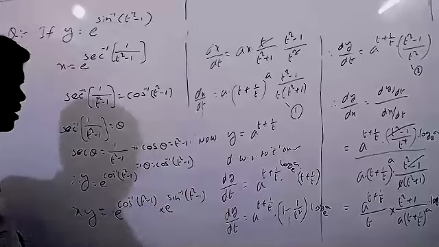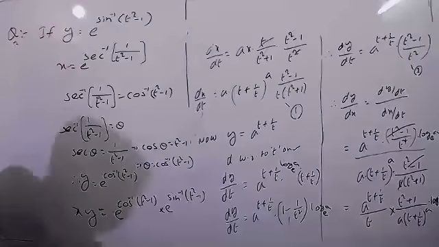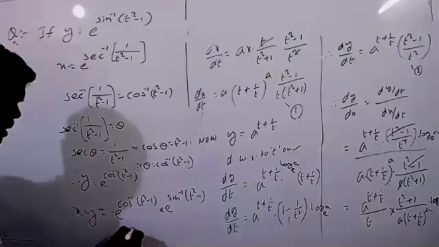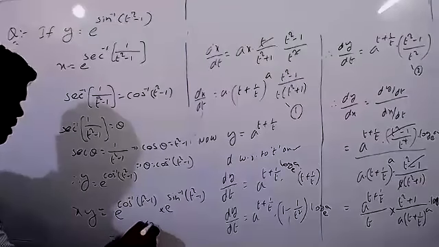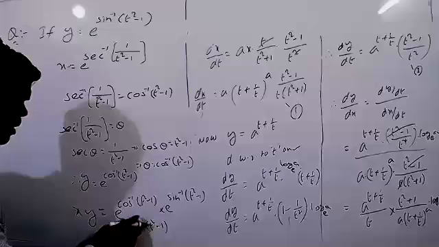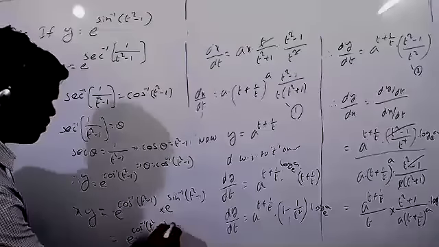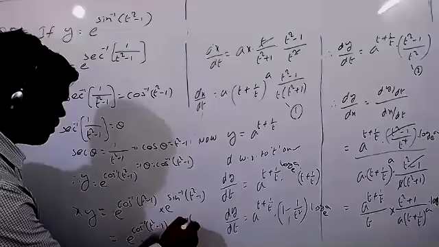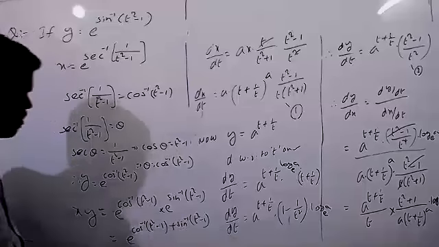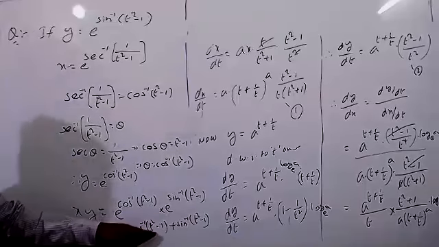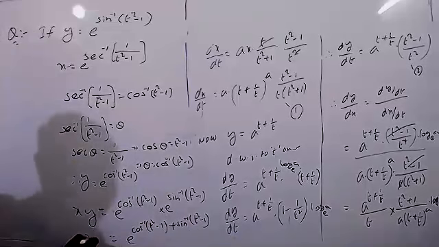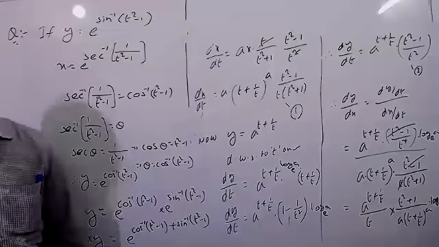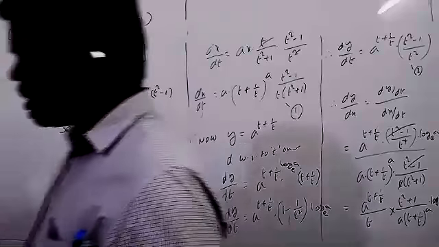So a power m into a power n equals a power m plus n. So e power cos inverse of t square minus 1 plus sin inverse of t square minus 1, whatever this value is. So therefore xy equals e power pi by 2.